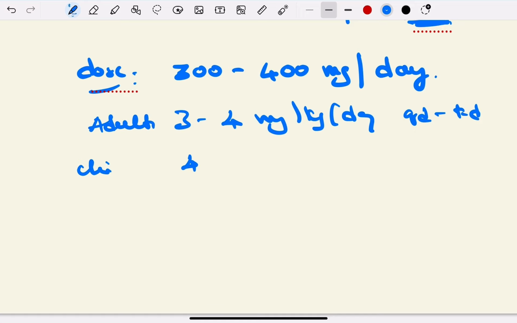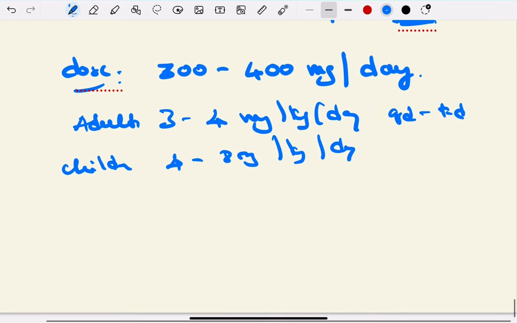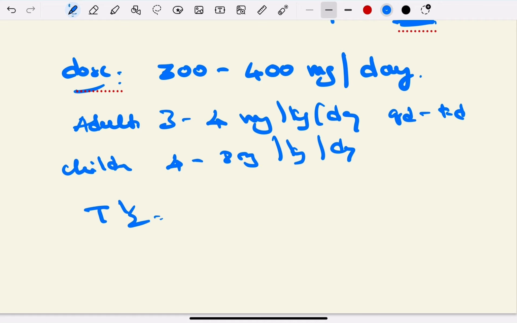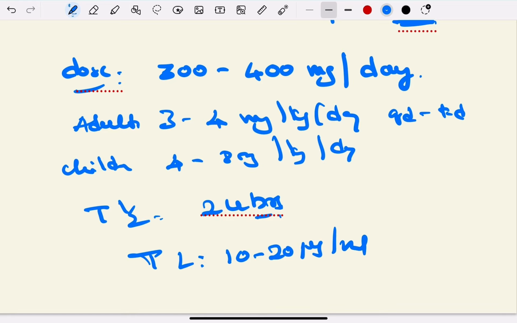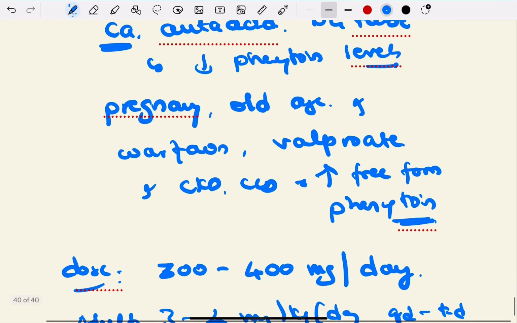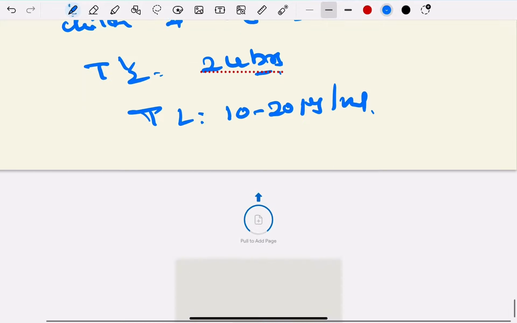In children, 4 to 8 mg per kg per day. The half-life of this phenytoin is around 24 hours, and the therapeutic level is 10 to 20 microgram per ml. So this is about the pharmacokinetics and pharmacodynamics of phenytoin.